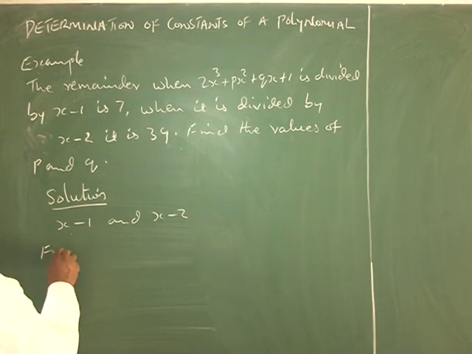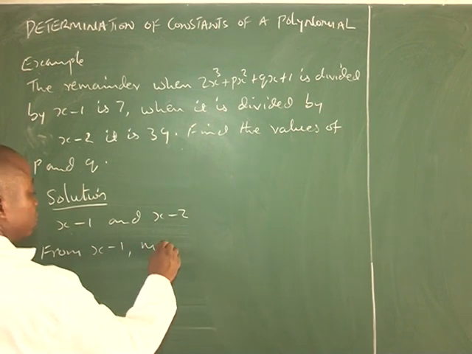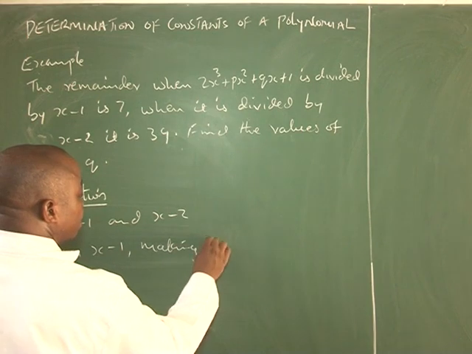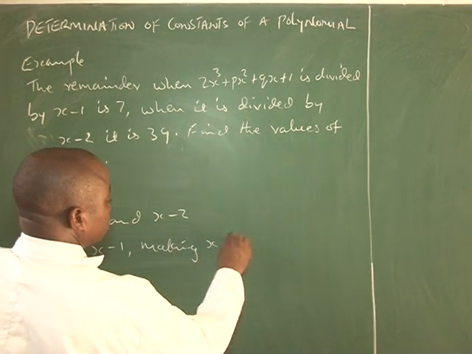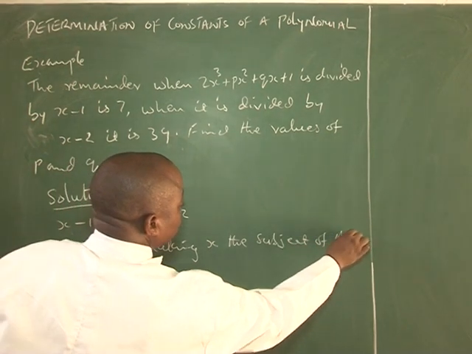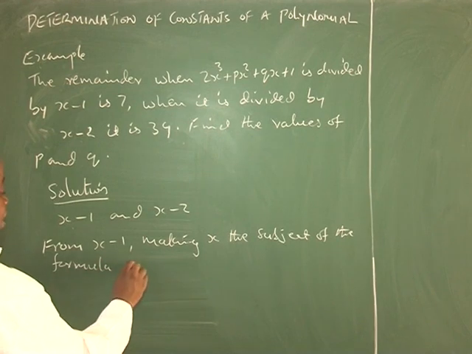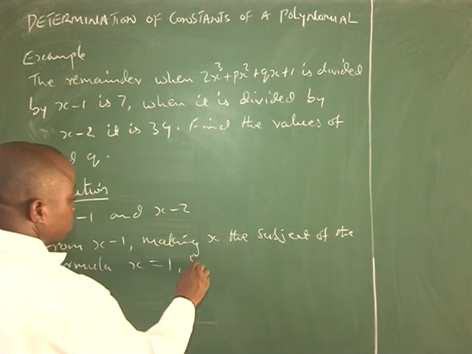All right, so from x minus 1, making x the subject of the formula, we have x equal 1.